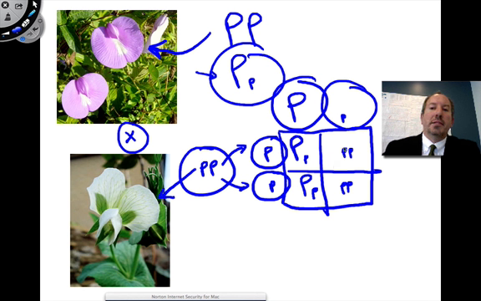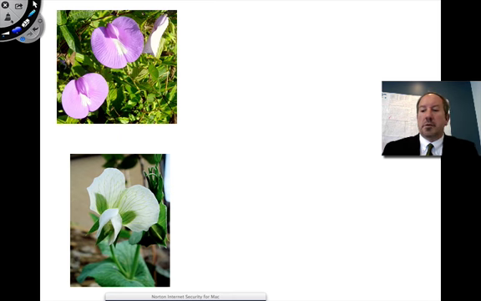The first white flower that you get from this cross will immediately tell you that the plant had to be a hybrid. If all the plants were purple, in other words, big P, little p, you'd expect it to be pure. And so that's kind of a cool thing.